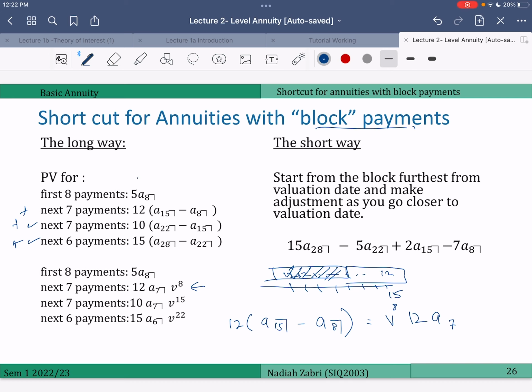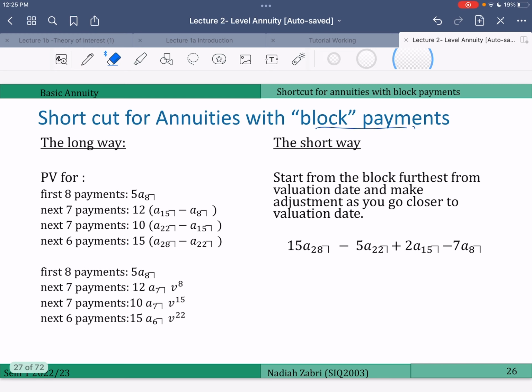This is a minus, this is a plus, this is a minus, this is a plus, this is a minus, this is a minus, this is a plus. So we can just simplify everything, then you'll get this at the end of the day. But this is still a long way because you need to determine separately for all of the 4 blocks.